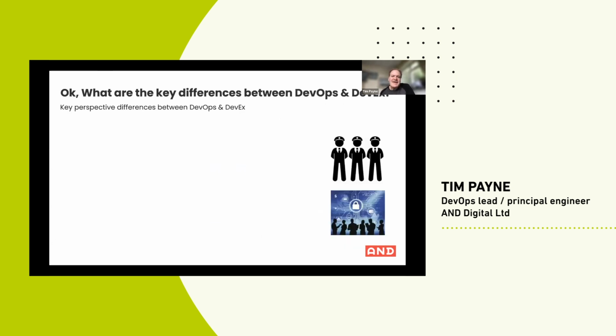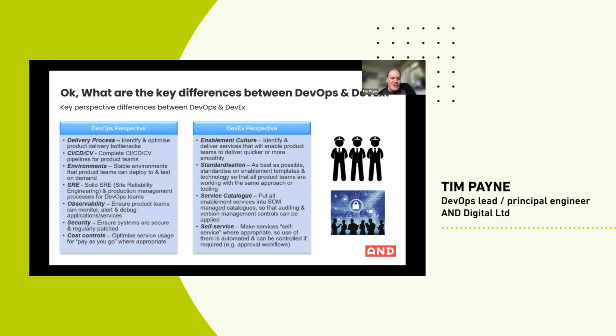So what are some of the key perspective differences that I think you need to be aware of? In DevOps, what you're trying to do is focus on things like the delivery process. So you're trying to identify any bottlenecks and remove those bottlenecks. You're focusing on your CI, CD, and if you use continuous verification pipelines, you're focusing on CV pipelines as well.